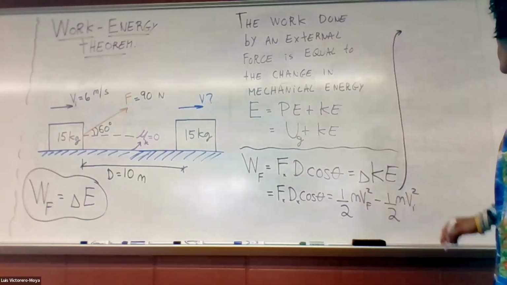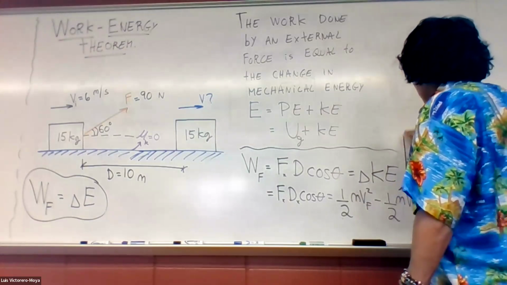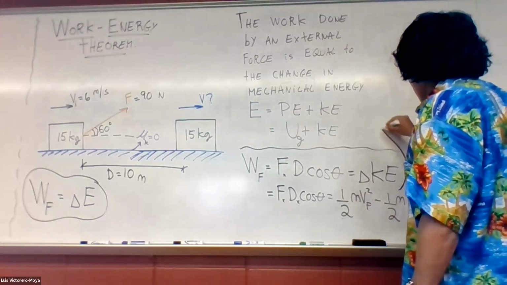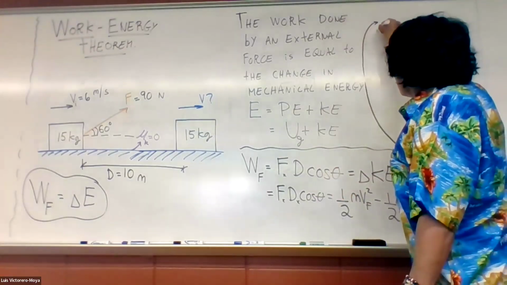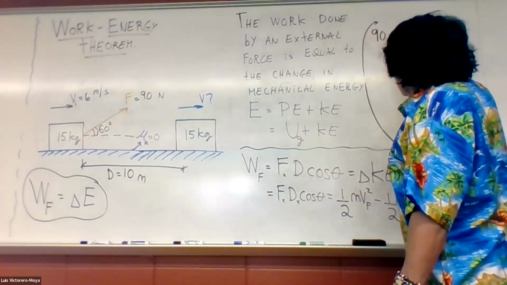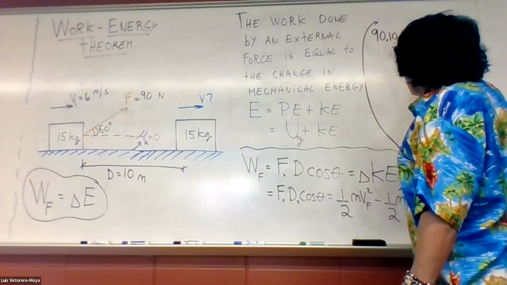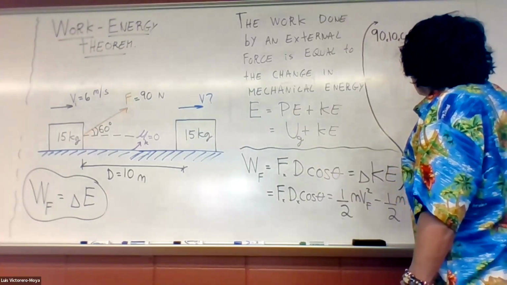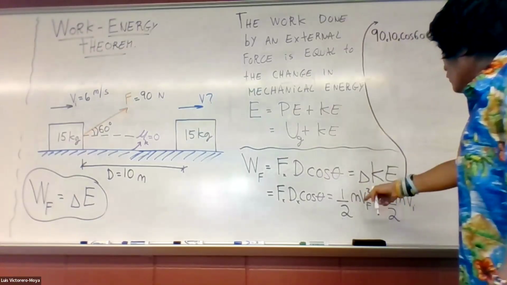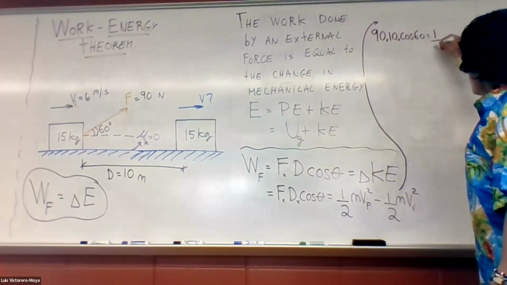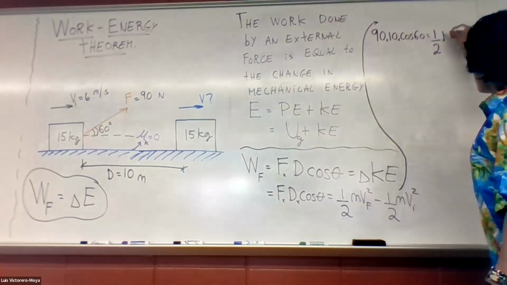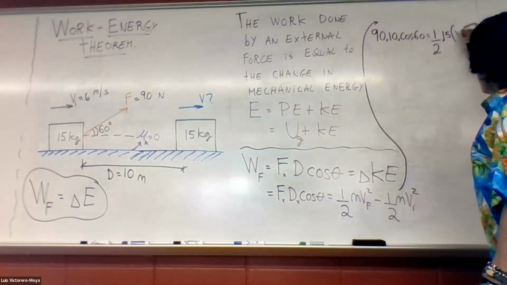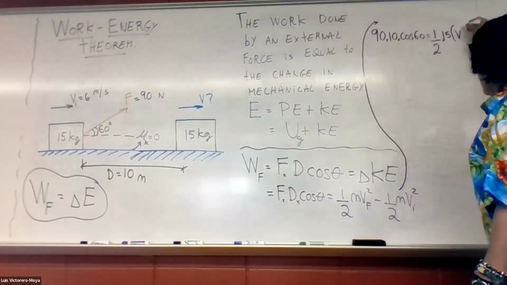So I will write this as: 90 times 10 times cosine of 60 is equal to 1/2 m, 15, times v squared minus 6 squared.